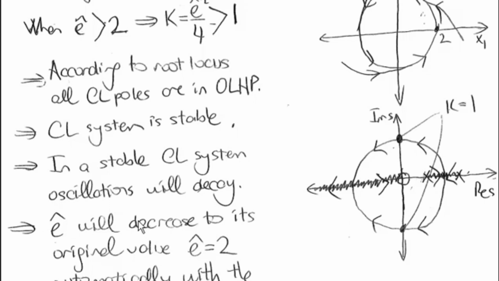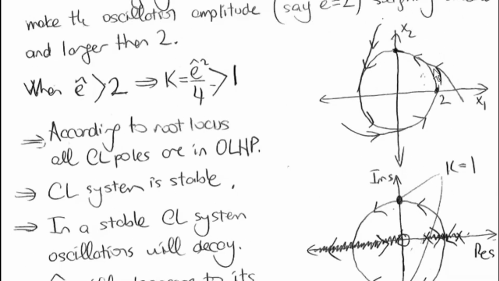So what do we understand from here? When I make the system deviate from its original oscillatory trajectory, making E hat larger than 2, the system dynamics itself makes E hat smaller and smaller until we reach back to the original amplitude 2 here.